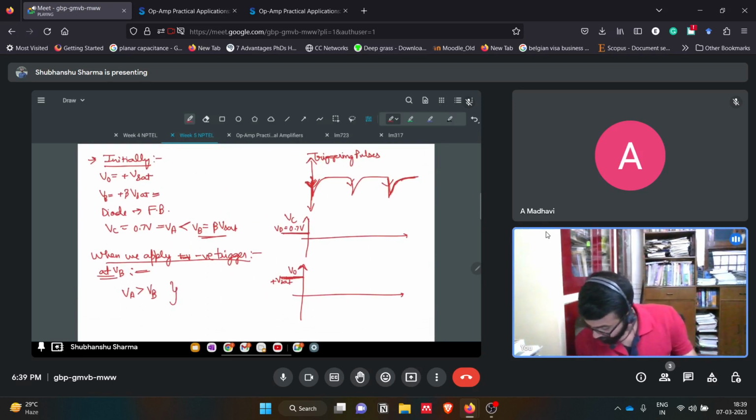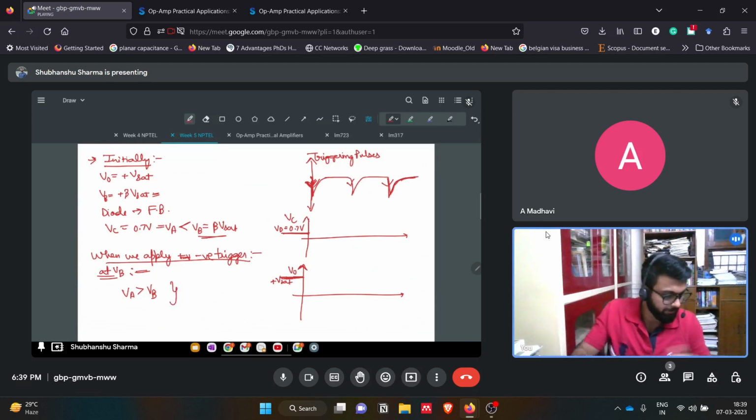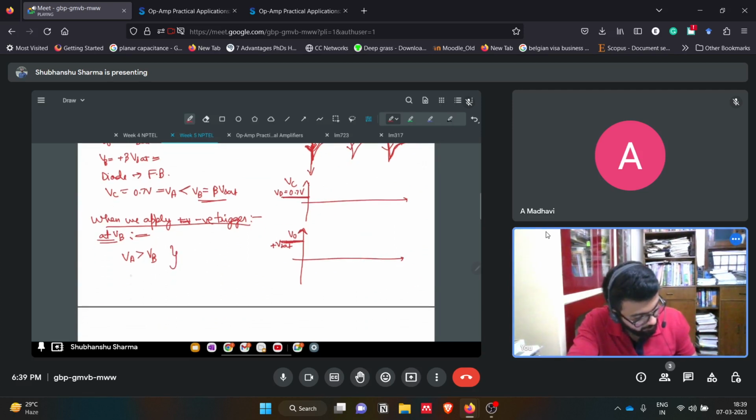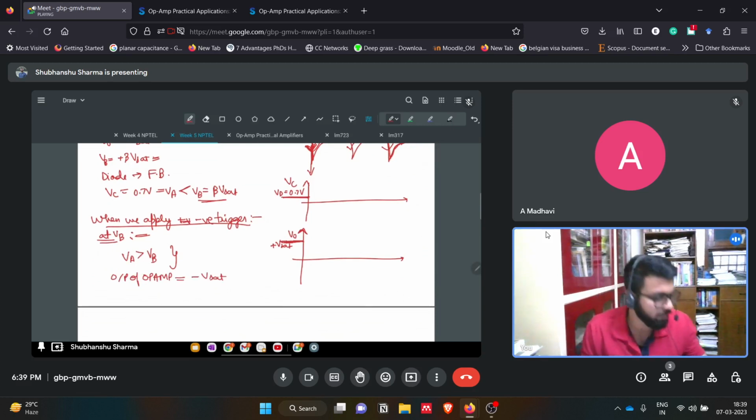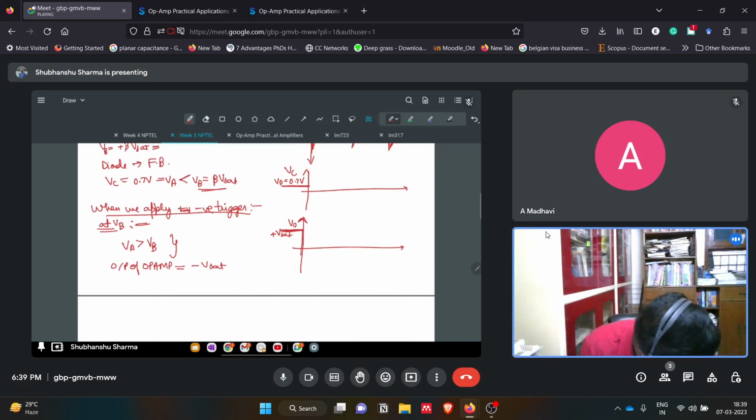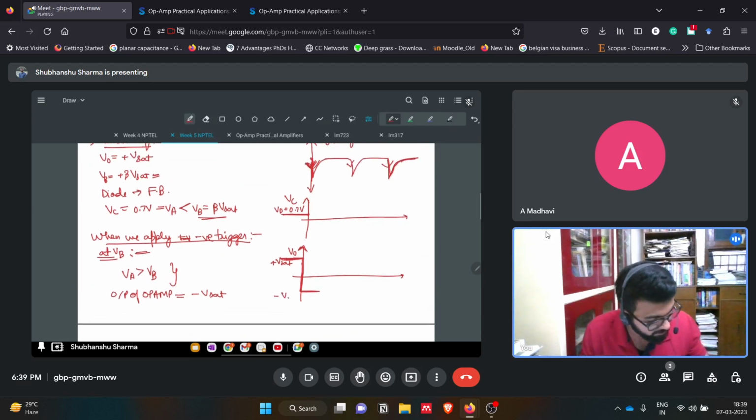Because of that, the output of the op amp will be equal to minus Vsat. It will flip the output of the op amp, because Va is now greater than Vb. So it will be like this, this is negative Vsat.